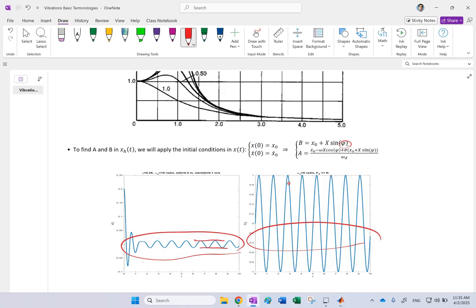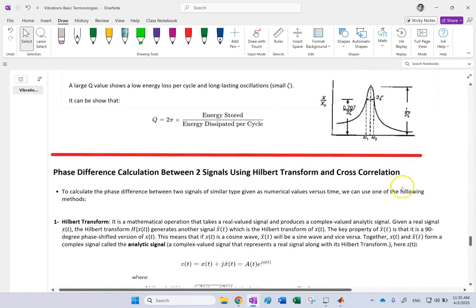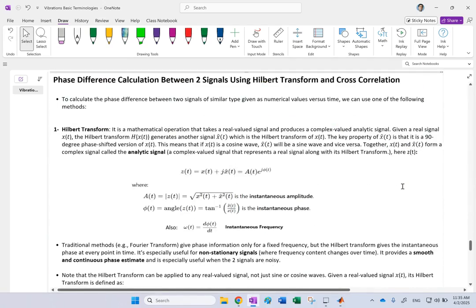I just looked at the steady state, divided the max minus mean by 2. I got the amplitude. But the phase shift between them, I wanted to know how to get that. And so I found two good ways to get the phase shift between two numerical signals.